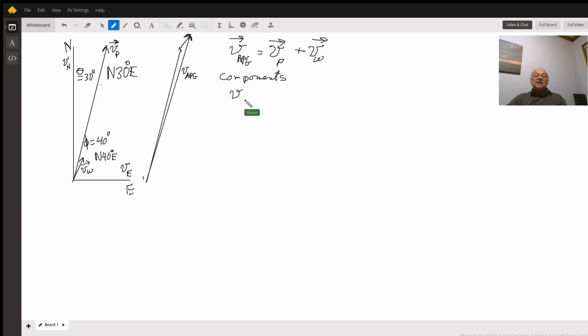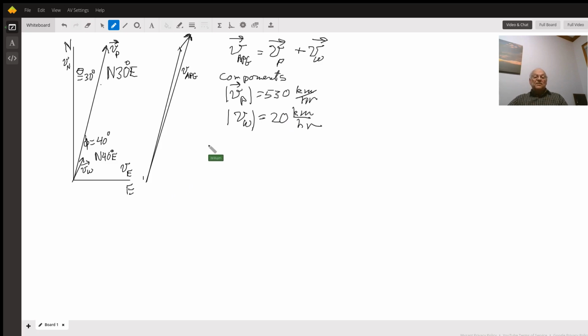The speed of the plane is given as 530 kilometers per hour. And the speed of the wind is given at 20 kilometers per hour.